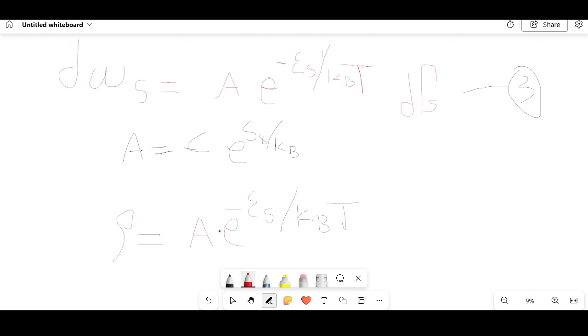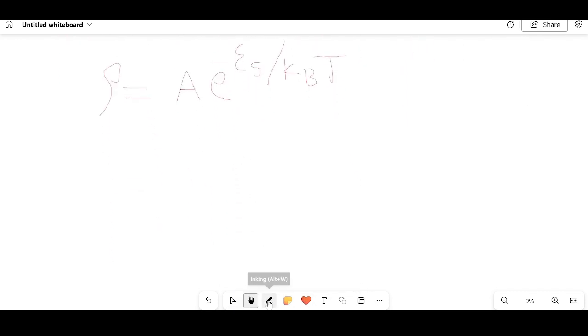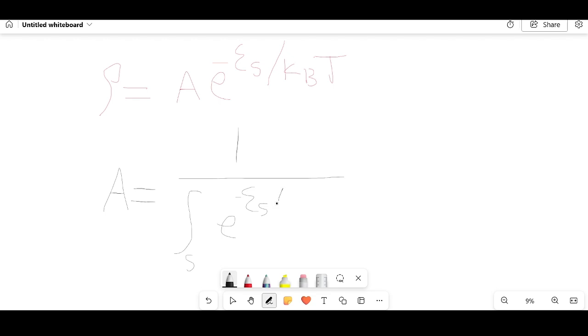Since total probability should be 1, integrating equation 3 over phase space of all subsystems with different energies, we obtain the value of A as 1 over the integration over the space of all subsystems of e to the power minus epsilon s divided by Kb T d gamma s.